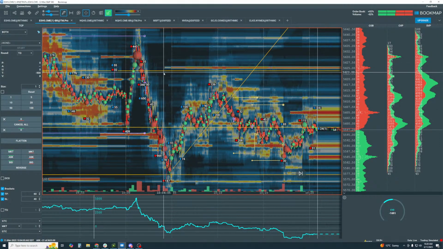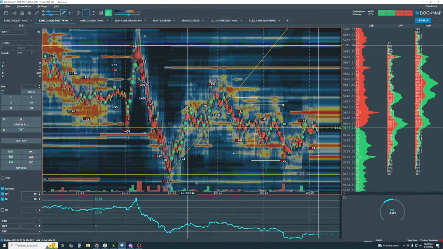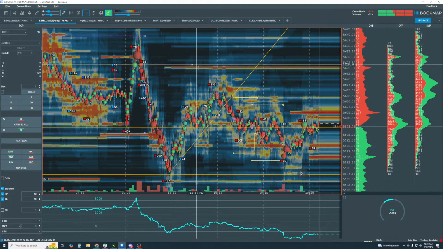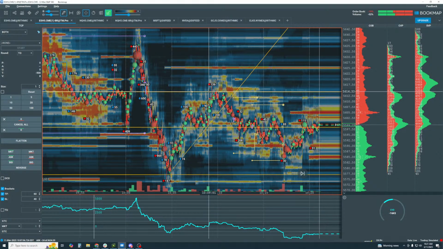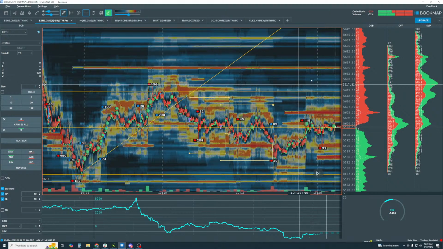We can move our other horizontal line. We had the swing high here after the data, and then it came right back down to this level in here at 56.15.